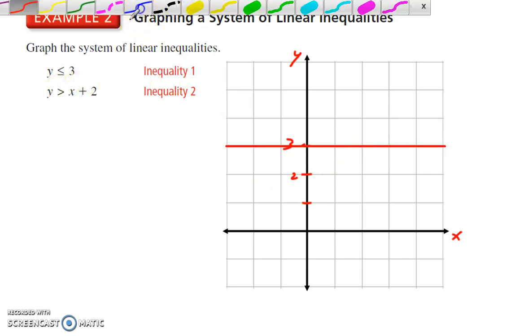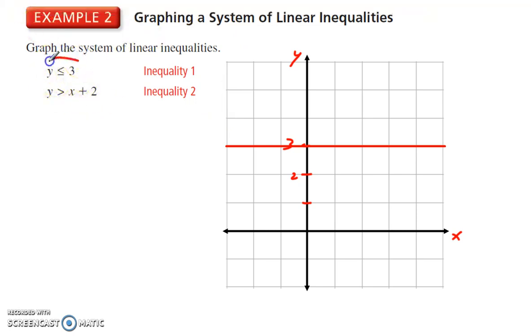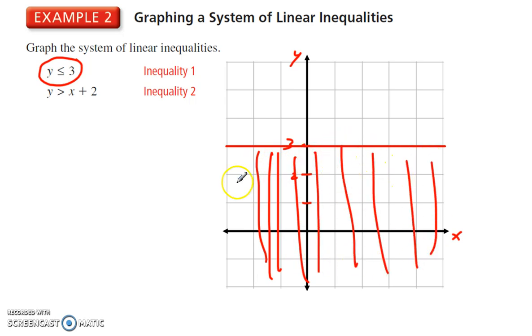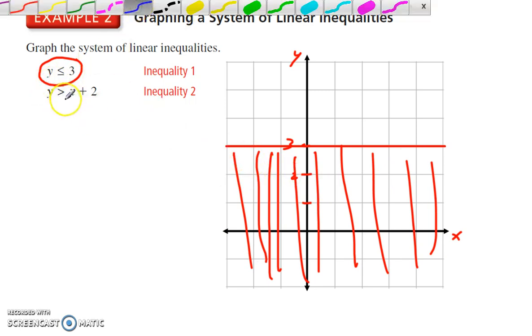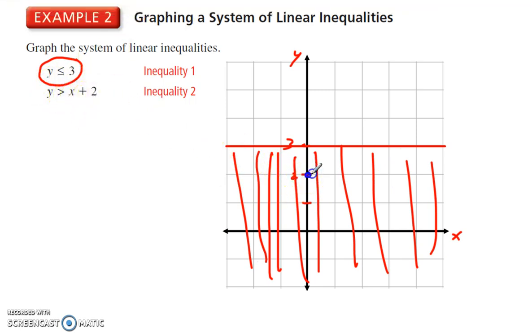Next line is y is greater than x plus 2. I'm first going to graph equals. All right, stop. Let's back up. We forgot to shade. This is an inequality, less than this, so we're going to shade all of this down here. Now we can graph this line. Plus 2, so we go up to 2. That's 1x, so the slope is 1.